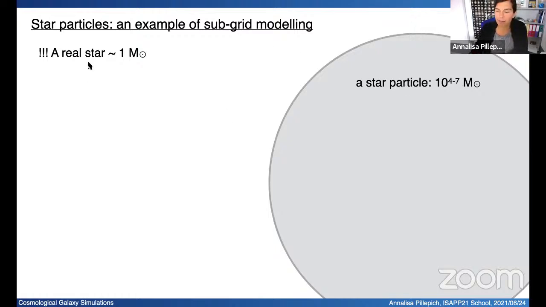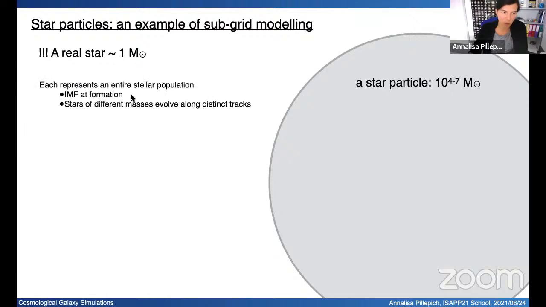Because a real star is on average a solar mass, but a stellar particle may be something like 10 to the 3, 10 to the 4, 10 to the 7 solar masses, or even larger for worse-resolved simulations. And as I said before, each represents an entire stellar population with a certain initial mass function at formation, so how many stars of a given mass there are in each stellar particle.